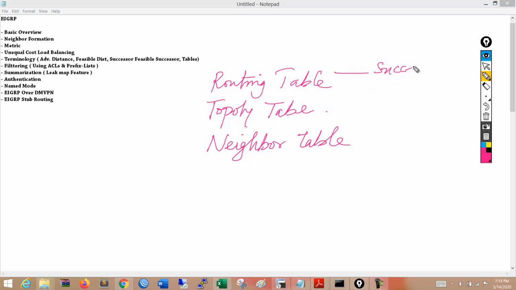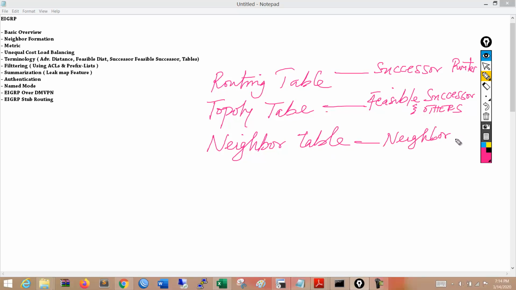The successor route will go in the routing table. Feasible successors or other routes end up in the topology table, and then the neighbor table is for all the neighbors that the router running EIGRP has.